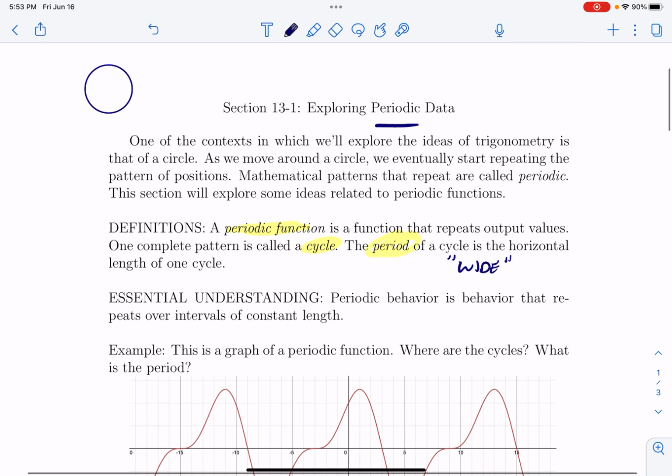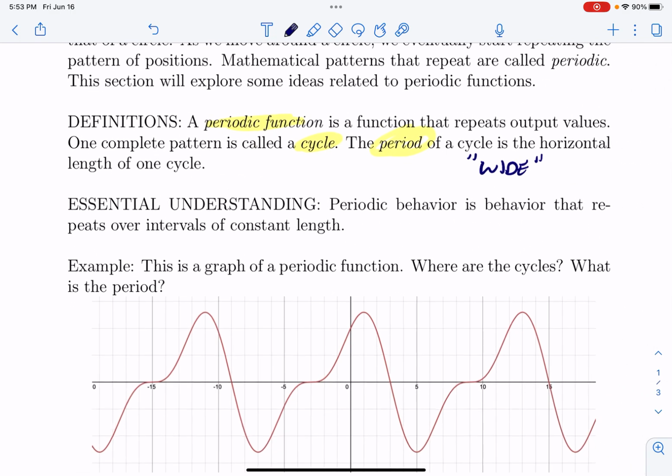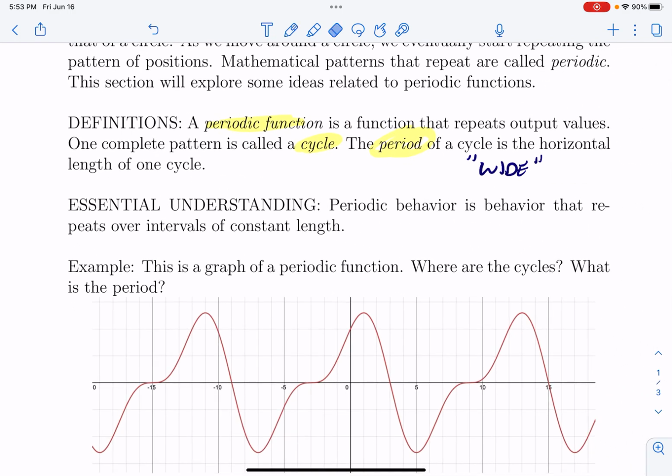And here we have an essential understanding. Anything that's labeled as an essential understanding in your textbook, I'll probably put it in the notes. The idea here is that even if we're not mathematically talking about a function, if we have behavior that we call periodic, that means it repeats over intervals of constant length. You might think about the school year as periodic.